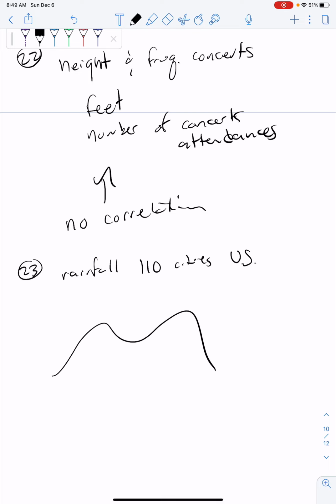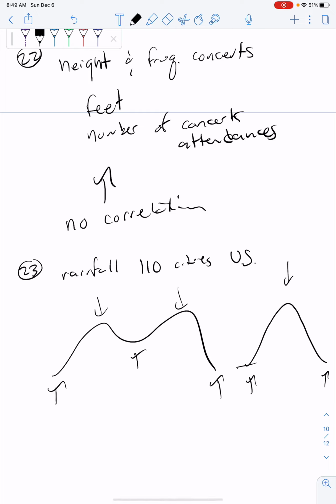Are you going to have 2 peaks? Is there going to be some cities with very little rainfall, some cities with a lot? And then is there going to be groups like this where it gets really high and then something in the middle? Or is it going to be distributed evenly? Are you going to have some cities with very little, some cities with a whole bunch, and then the rest of them kind of average out, centered around some amount?